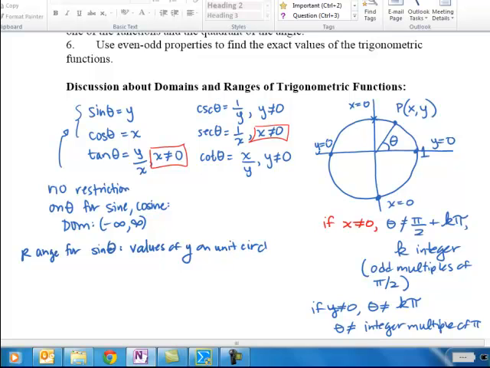Because the outputs for that function are exactly the y values on the unit circle, that would mean that y has to be between -1 and 1, but it could be either of those values. Another way to write that is that the absolute value of y is less than or equal to 1. It's the same thing. And similarly, the range for cosine of theta would be the values of x on the unit circle.